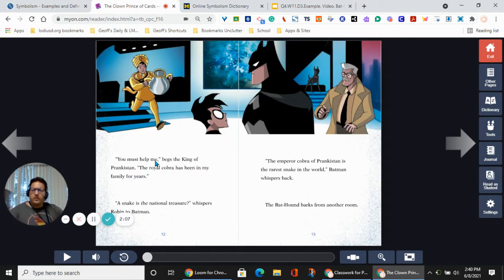What they have been called to investigate is the disappearance of a royal treasure. We have a king here, another main character, who is asking for their help in finding the missing national treasure.